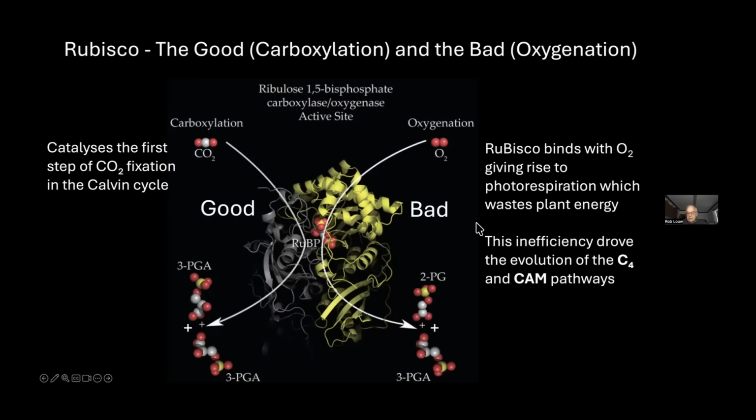Because of this inefficiency that developed, this resulted in the evolution of what we call the C4 and CAM photosynthetic pathways.